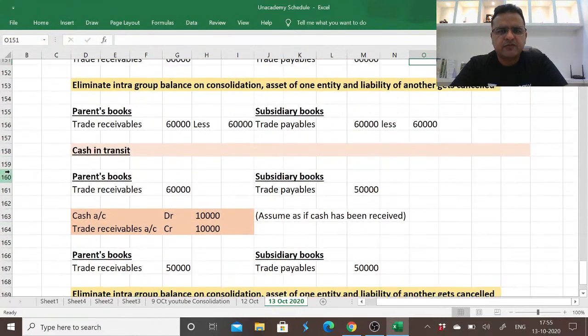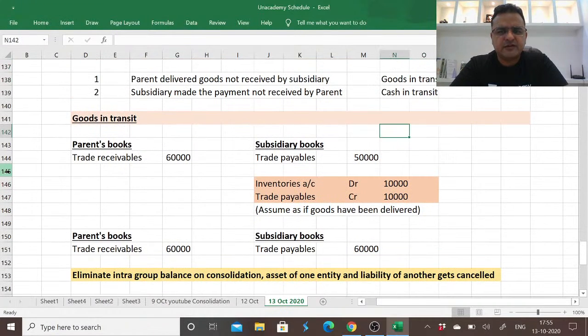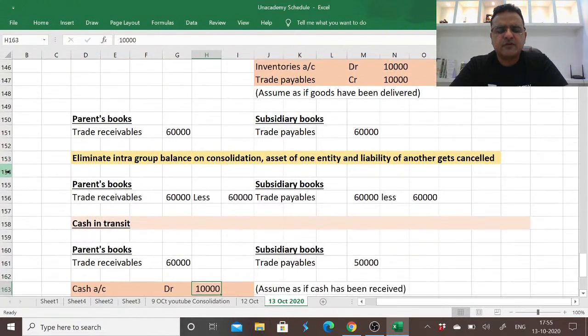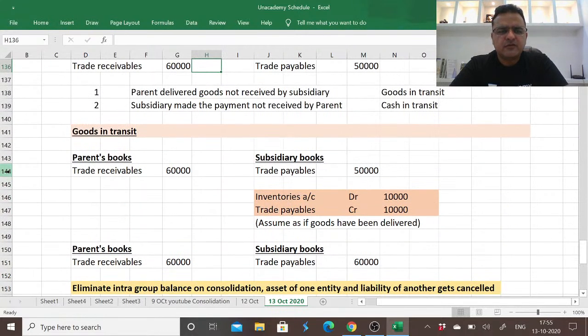When there is a difference between intra-group balances, we should know whether it is because of delivery of goods or because of a cash payment. It could be the result of goods delivered by the parent, or the subsidiary made the payment. It can be vice versa as well.